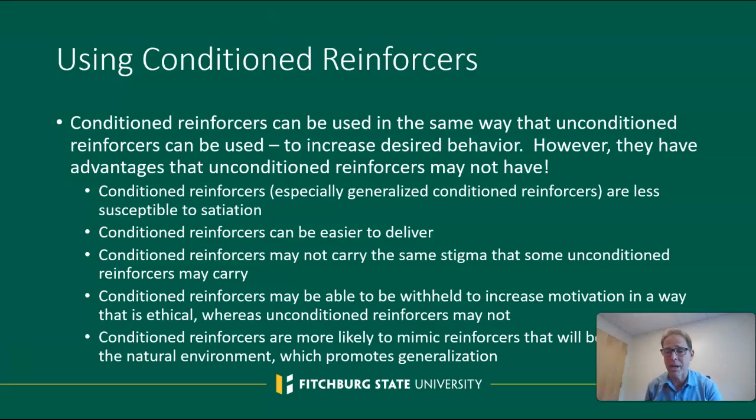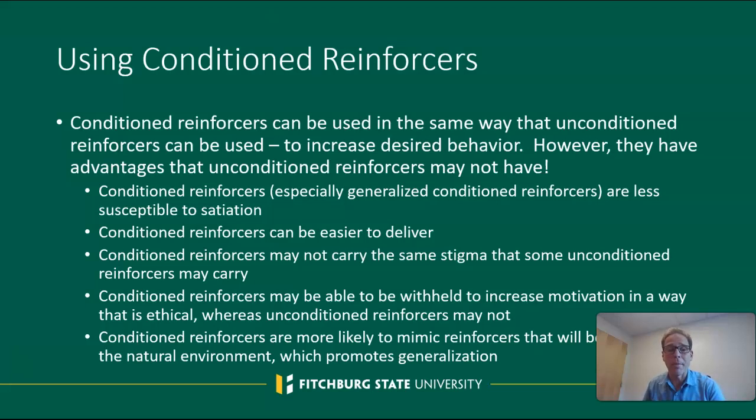Going back to our example we were talking about with chips or cookies, both of which are unconditioned reinforcers, right? Because an organism doesn't need to learn that food is reinforcing. But if we deliver a whole bunch of cookies or a whole bunch of chips, it's likely that the learner is going to stop responding because those things are going to lose their value, at least temporarily.